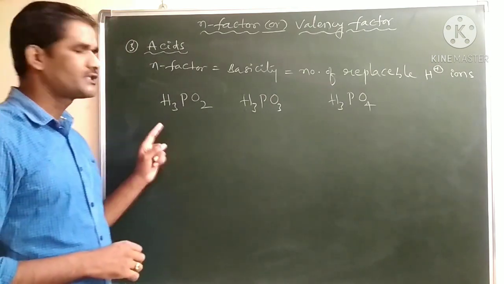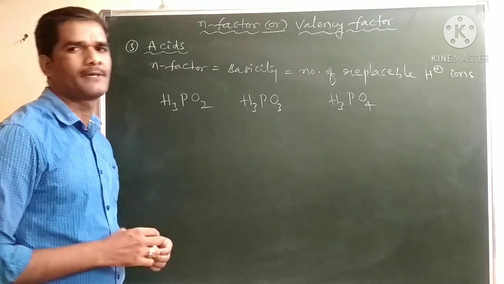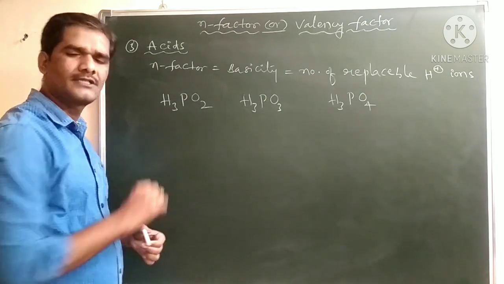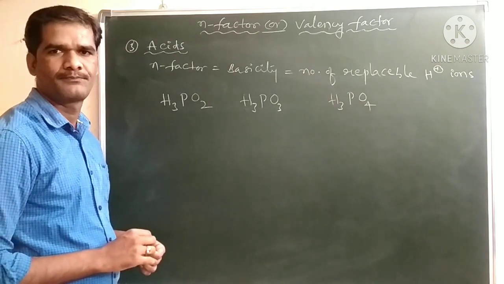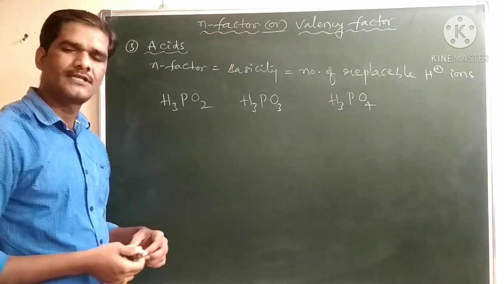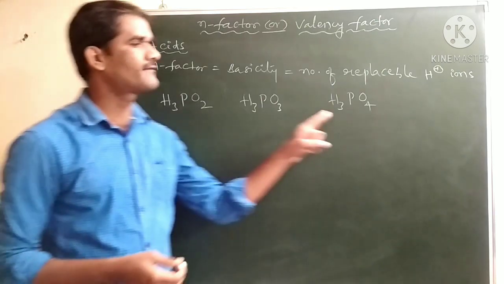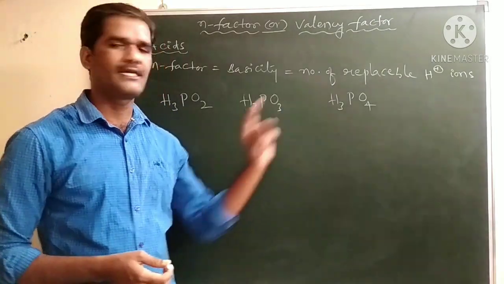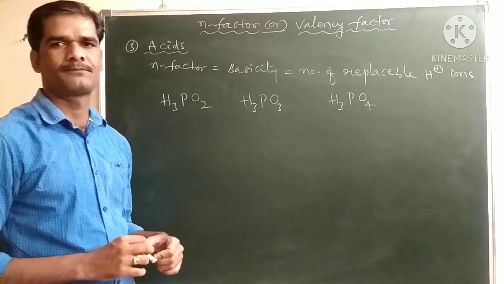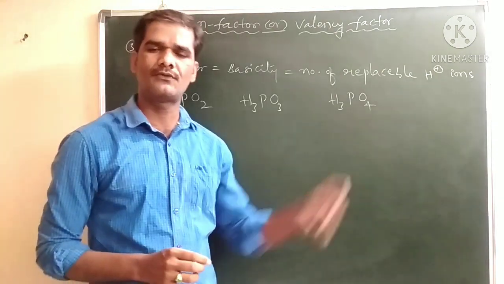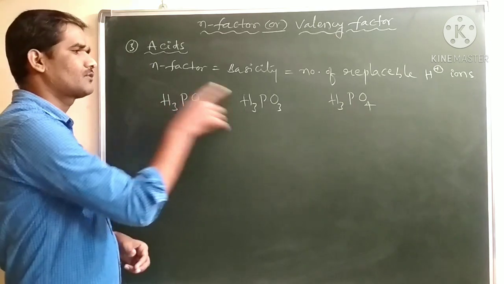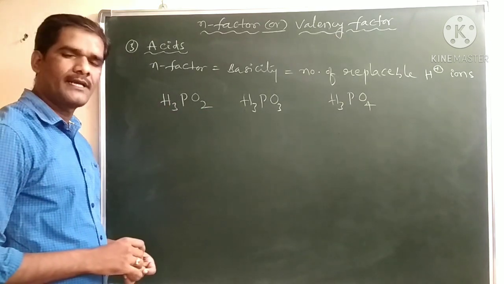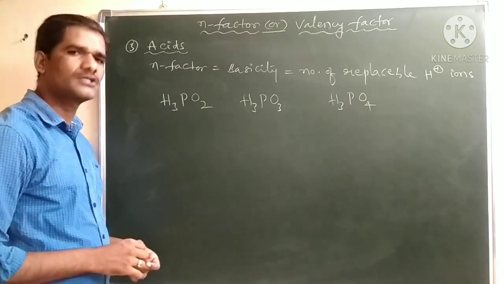Here we have to check the number of replaceable H plus ions. In case of H3PO2, all hydrogens are not replaceable. Similarly, in case of H3PO3 also. Only in case of H3PO4, all 3 hydrogen atoms are replaceable. So for H3PO4, the N factor is 3. But in case of H3PO2 and H3PO3, we can explain their N factor based on their structures.